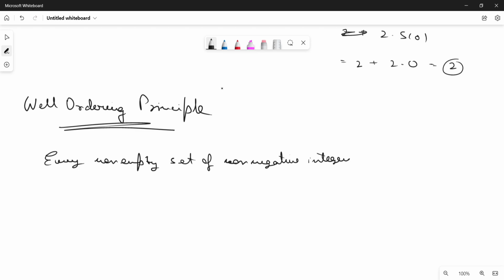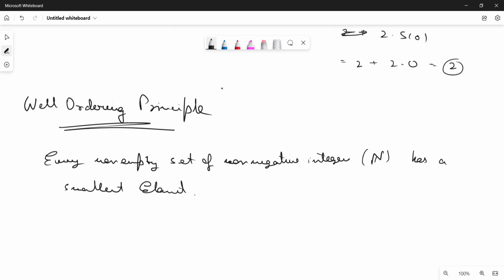Sometimes we use the term non-negative integers because in most cases natural numbers do not include zero, while non-negative integers obviously include zero. So in this case we can say natural numbers only: every non-empty set of natural numbers has a smallest element.